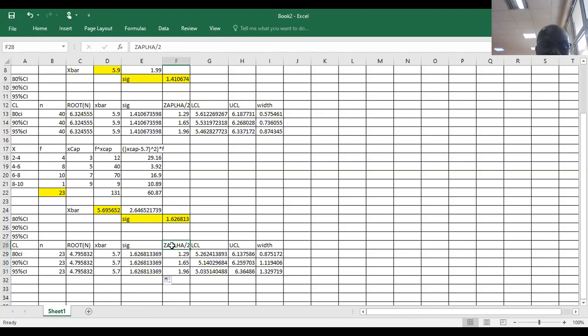Then now, this is not Z alpha over 2, but what? For the small sample, which distribution governs small samples?